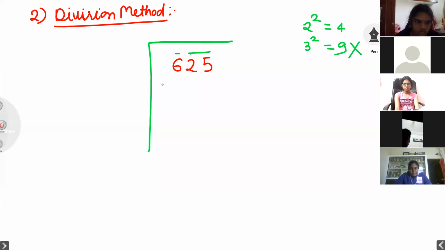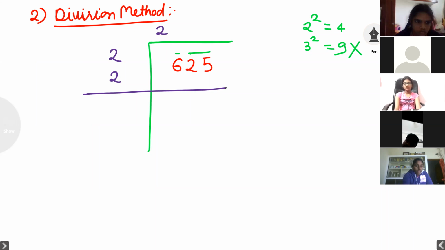Now, whatever digit I am taking the square of, I want to write in 3 places. One place is here. Some gap I want to give. The first 2 is up, the second 2 is here, the third 2 is down. Again, I want to draw one line. 3 times 2 I have taken.